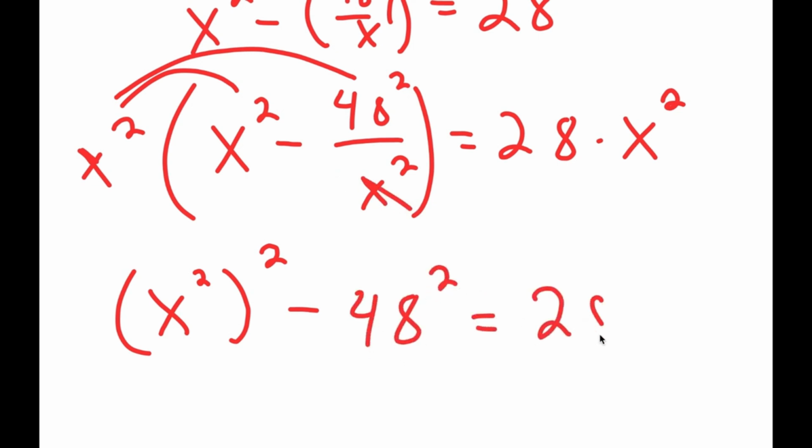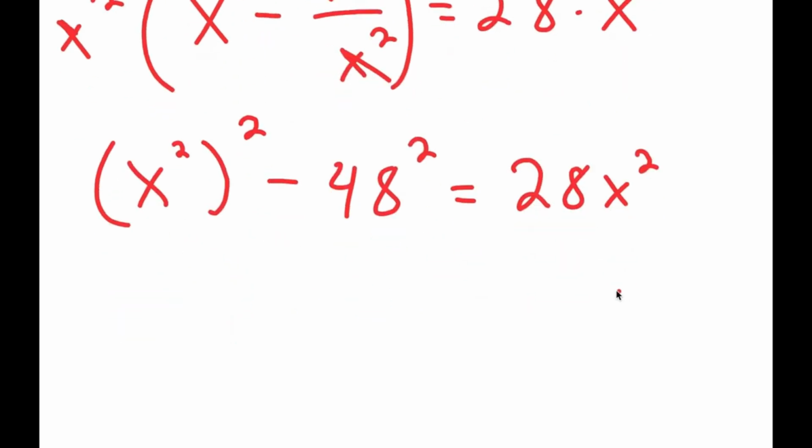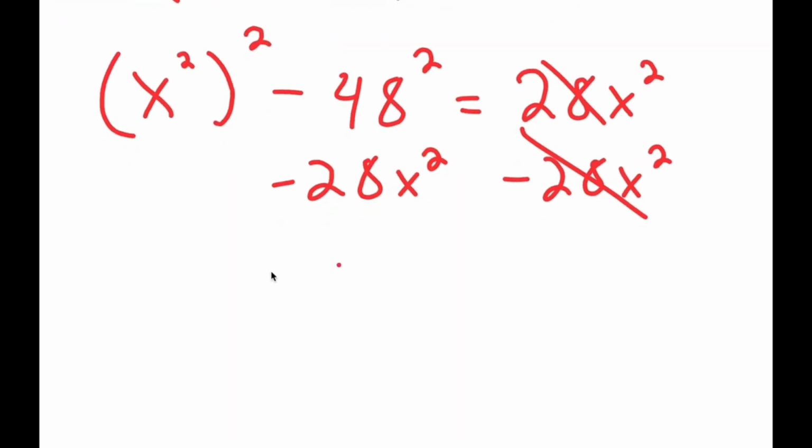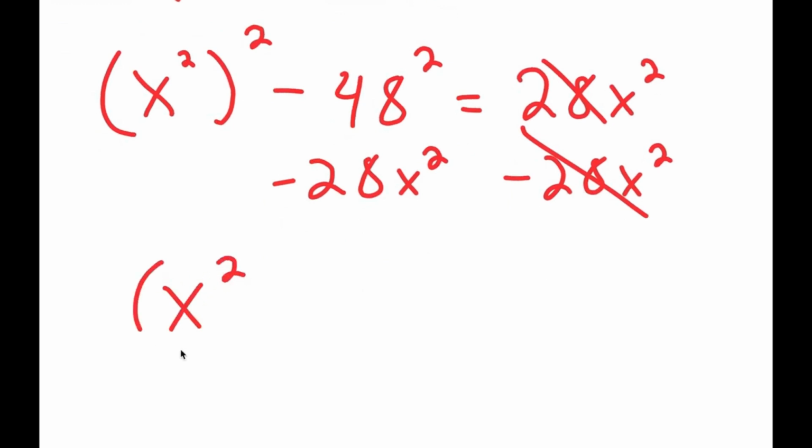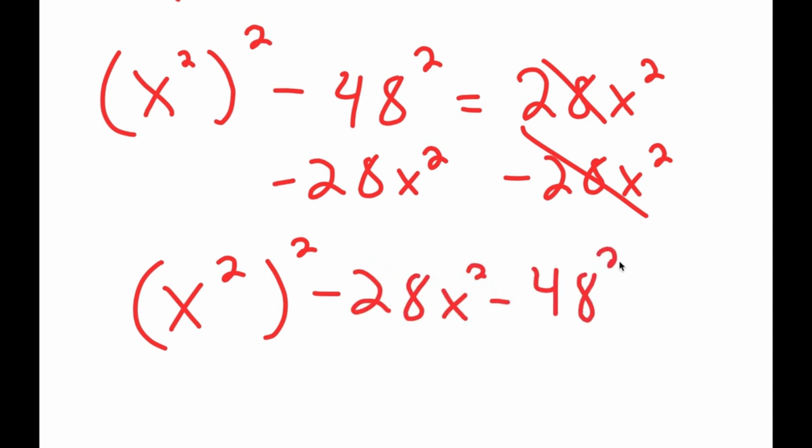Now this is equal to 28x squared. Now I'm going to subtract 28x squared on both sides. So I get x squared to the power of 2 minus 28x squared minus 48 squared is equal to 0.